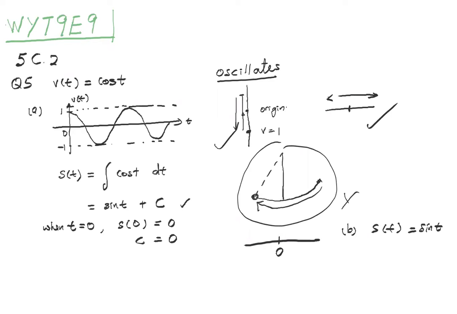So what is the highest value for sin? 1. What is the lowest value? -1. So that means the particle oscillates between, this is your fixed point. It comes to here 1 and it goes to here -1. So the distance between the two fixed points is 2 meters.